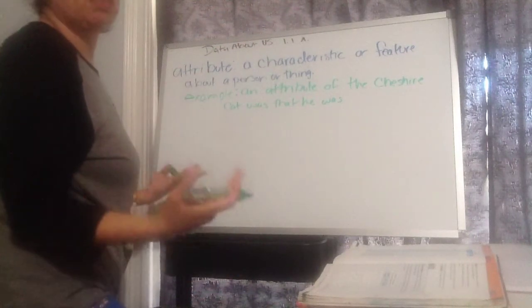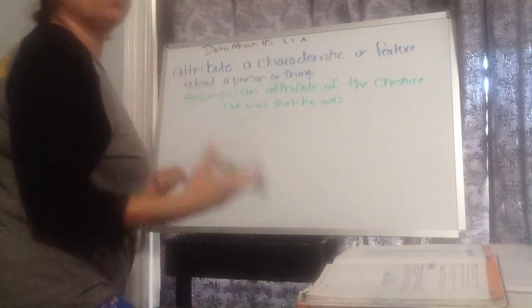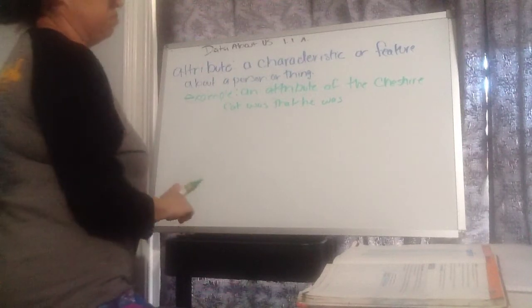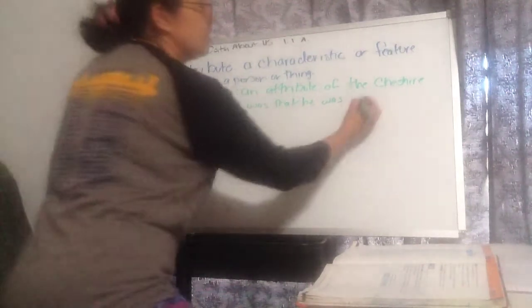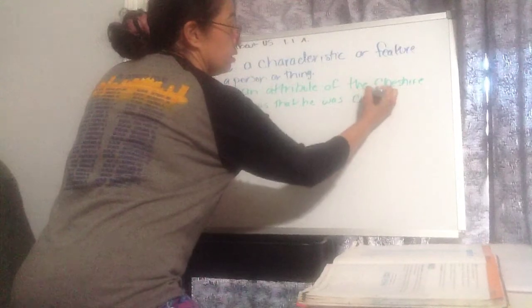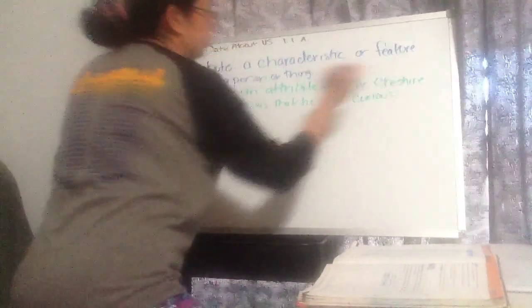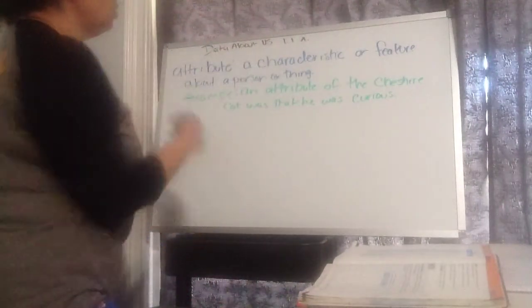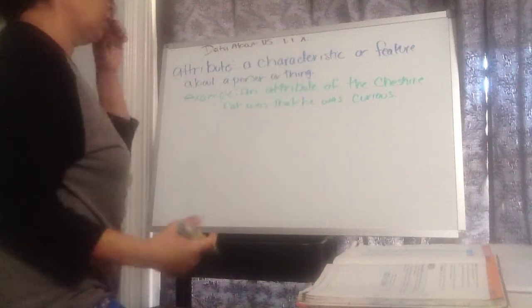He was always disappearing. He was always questioning people. Was that he was curious. Okay, so that is a characteristic or a feature about the Cheshire Cat.